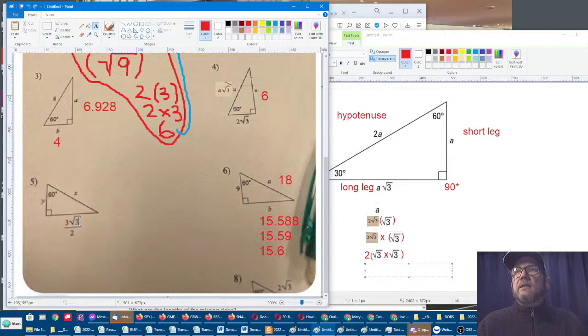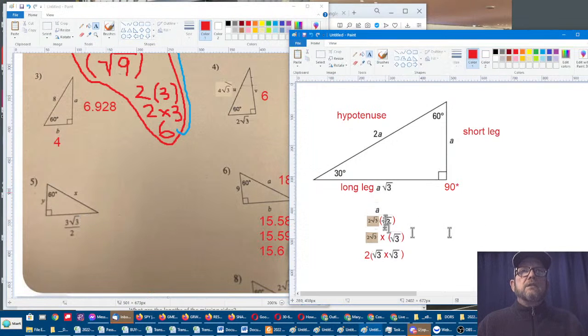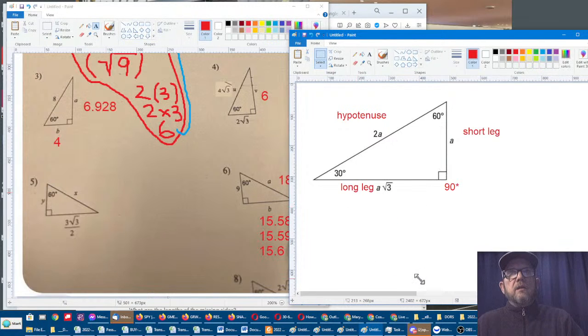And then the last one is going to be a little rough. So let's look at it. This is your long leg, so that's right here.